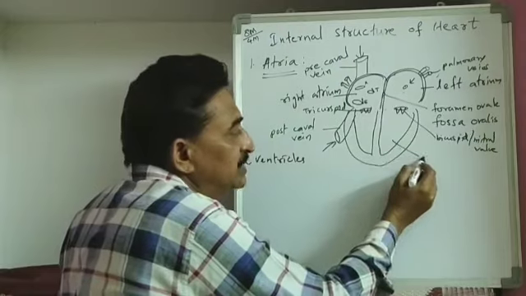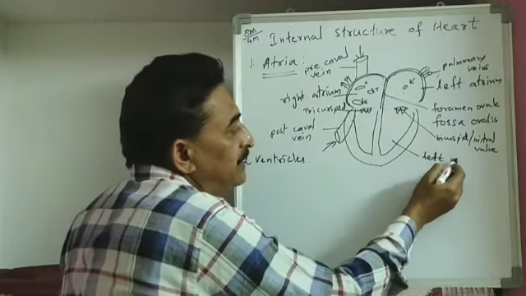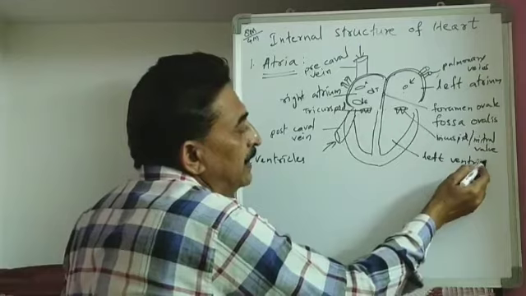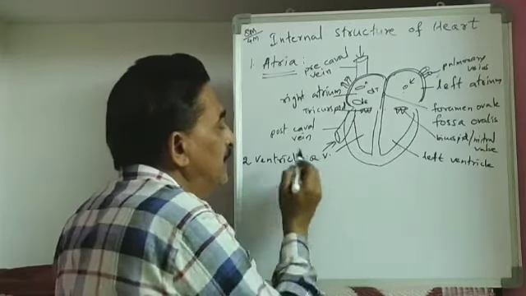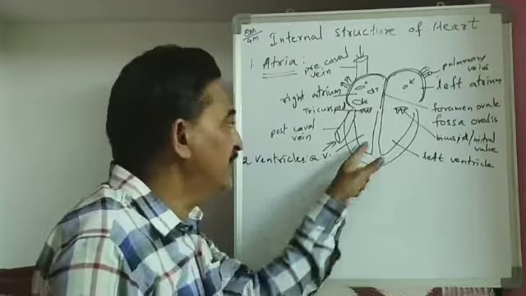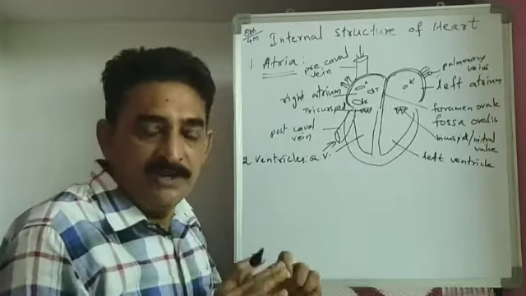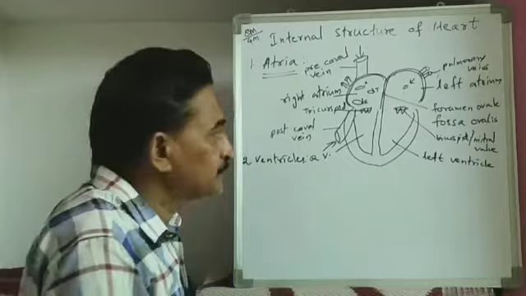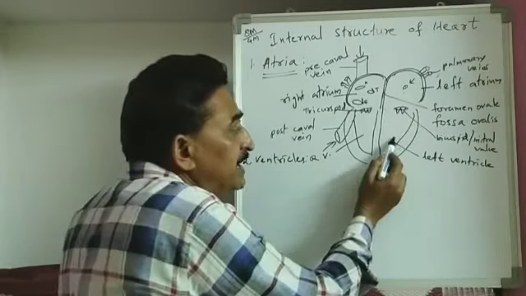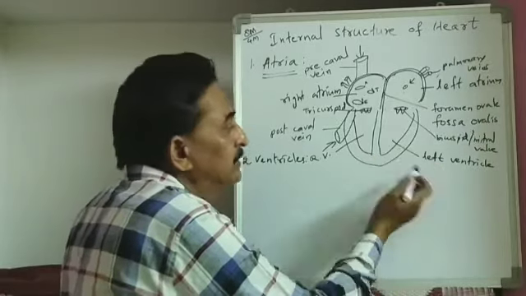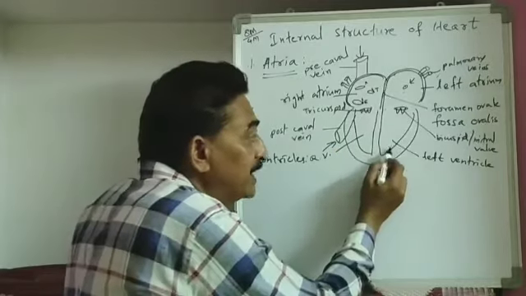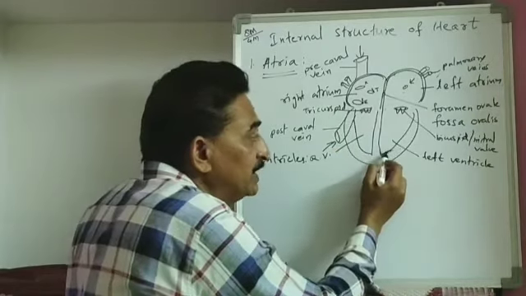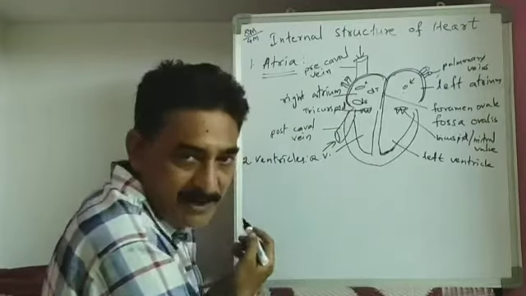This is the left ventricle and this is the right ventricle. The left ventricle is slightly bigger than the right ventricle, and its walls are also much thicker than those of the right ventricle.